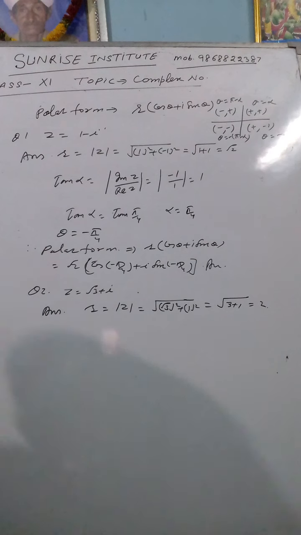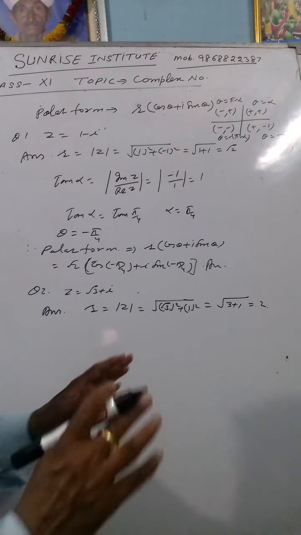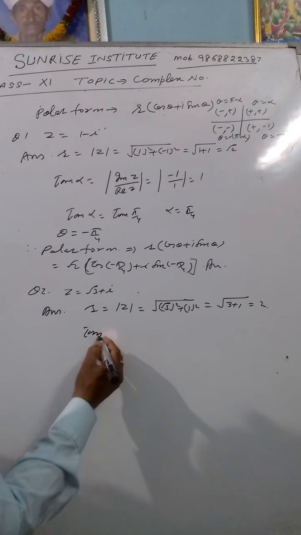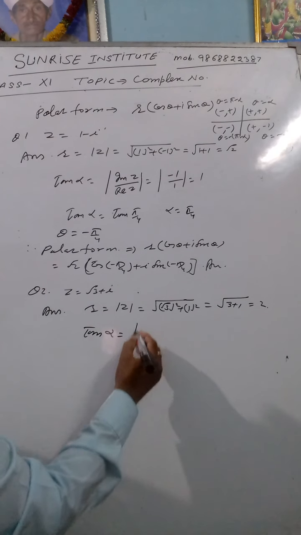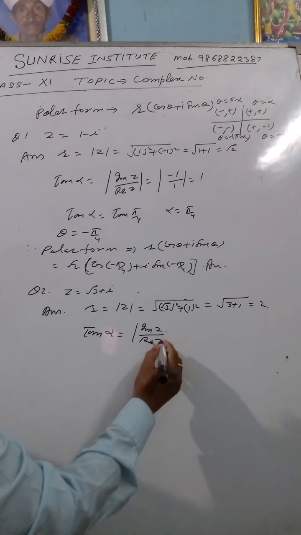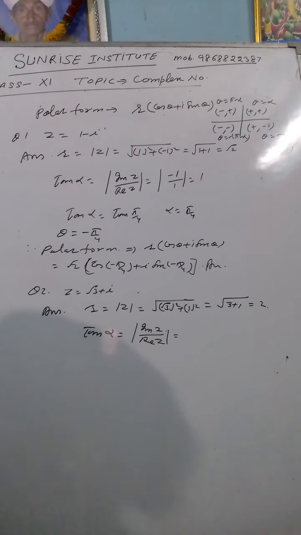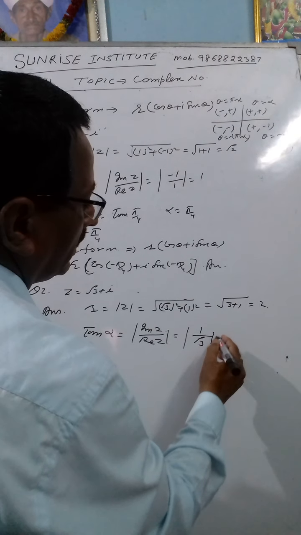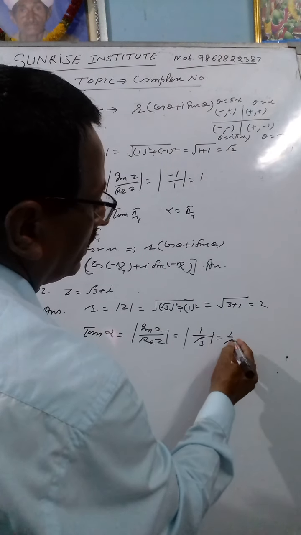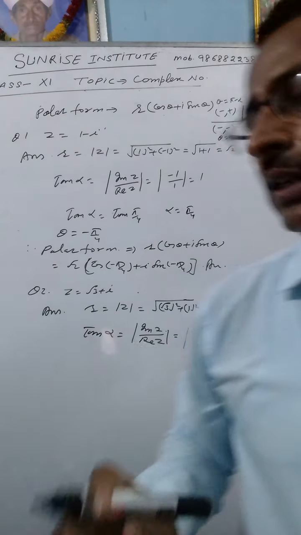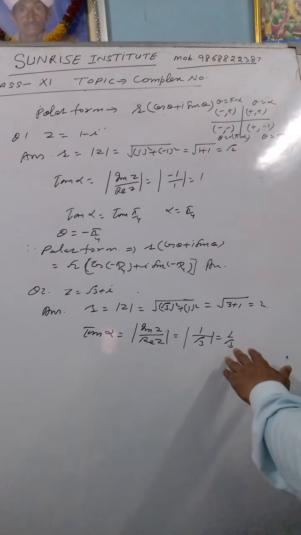Okay, students, we find r. And next we find tan alpha equal to the imaginary part of z upon the real part of z. Then 1 upon root 3, that is 1 by root 3.